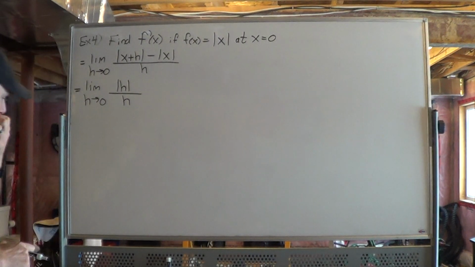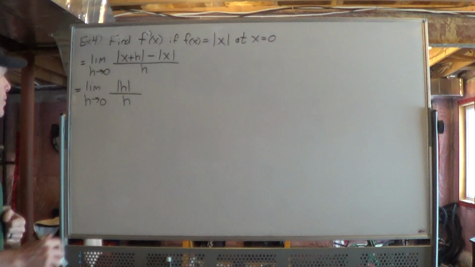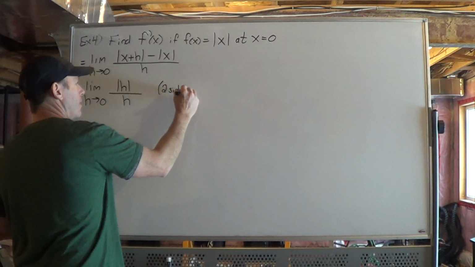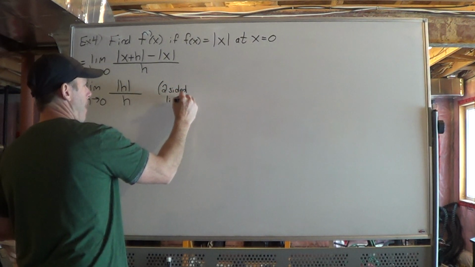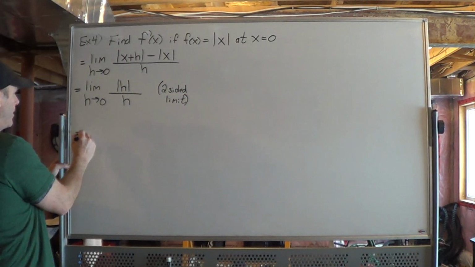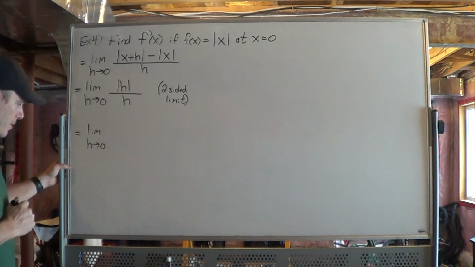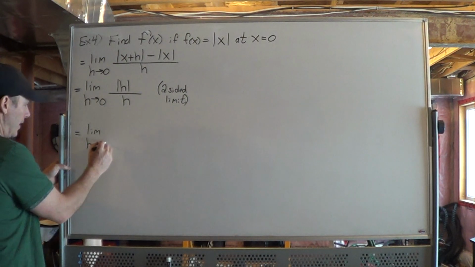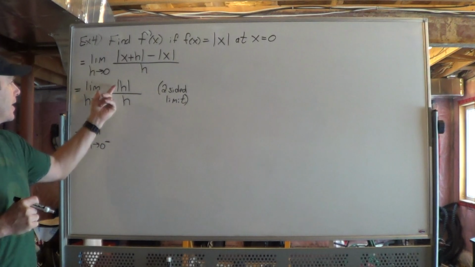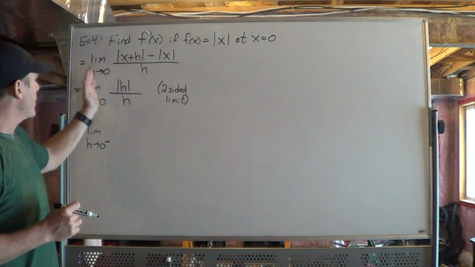Now, the problem here is that the absolute value, again, is a piecewise function. So we're actually going to have a two-sided limit here, which is weird. Alright, so if I look at the limit as h approaches 0 from the left-hand side, the value of h is always going to be negative.